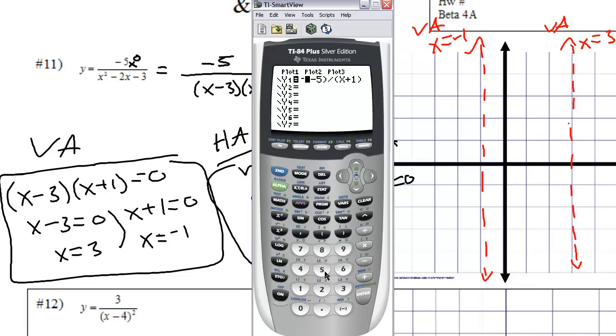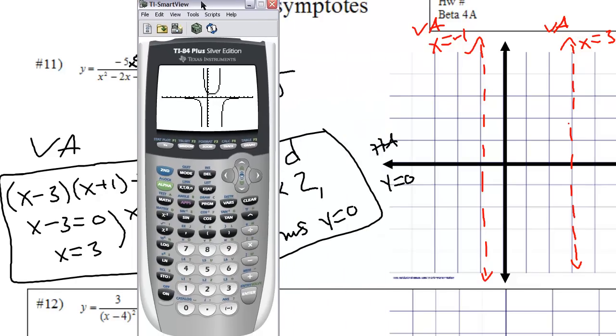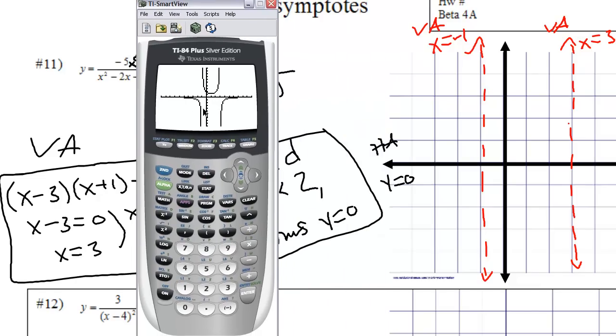My numerator is -5 divided by my denominator of (x squared minus 2x minus 3). So you can see here on the left we have this shape. In the middle it's some type of a parabola, and on the right we have this shape here. So let's draw those.